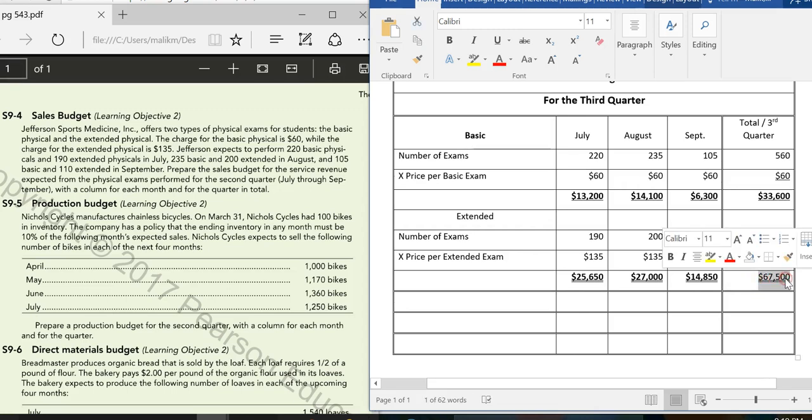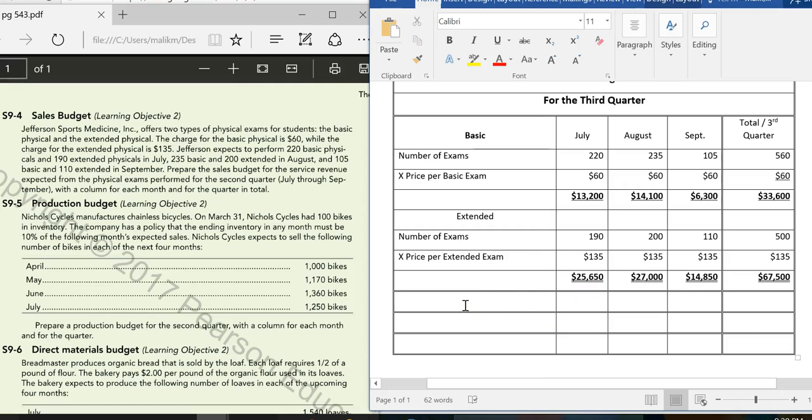Now we need to figure out the grand total. What will be the total for the month of July? Total means basic plus extended. What will be the total for August? What will be the total for September? Then we'll also add the totals of basic and extended, and we're gonna figure out the grand total. So you could write it down.